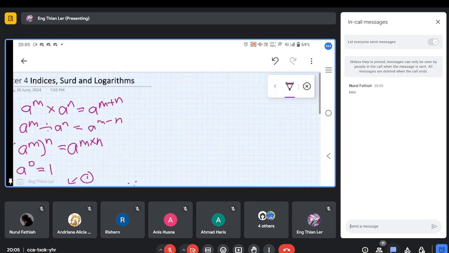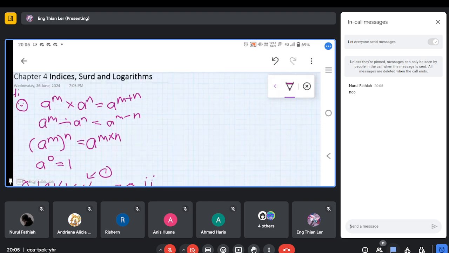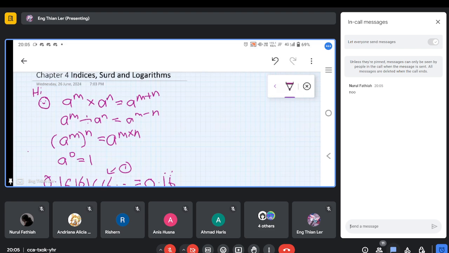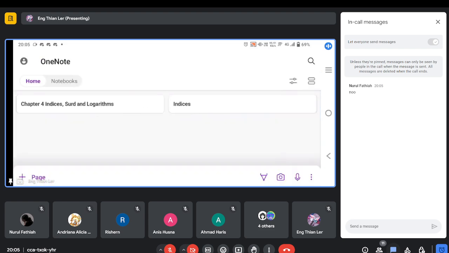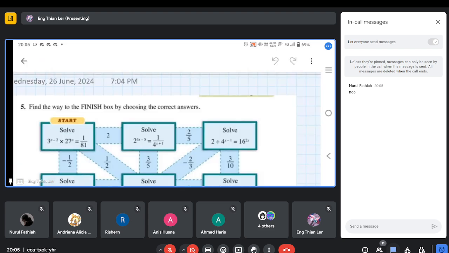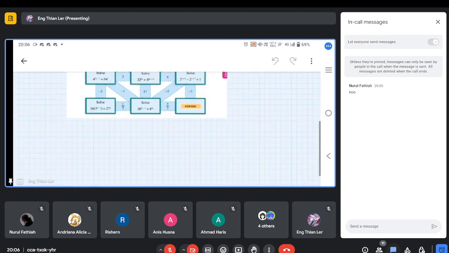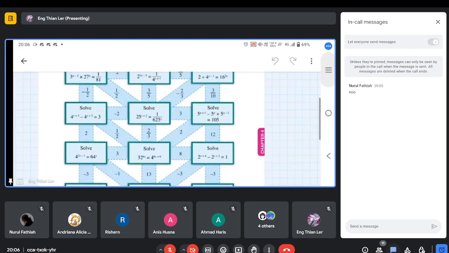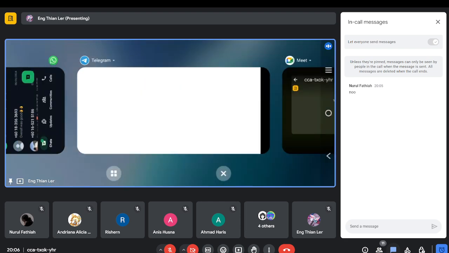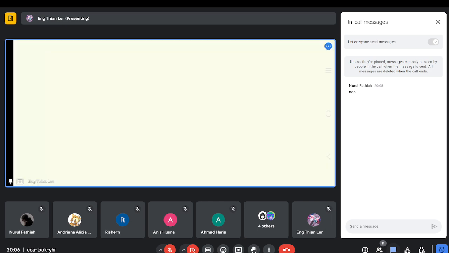Since I'm afraid you all have struggled with the indices part, I will do some exercises, but really quick. So today we will play this game. The textbook is given already, what page again? Let me check which page.